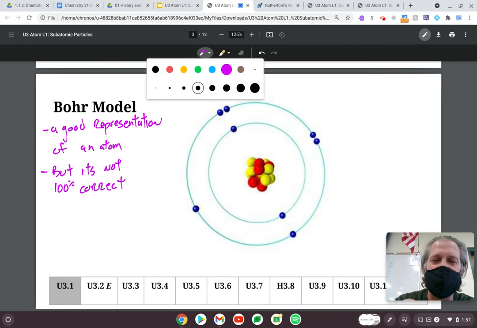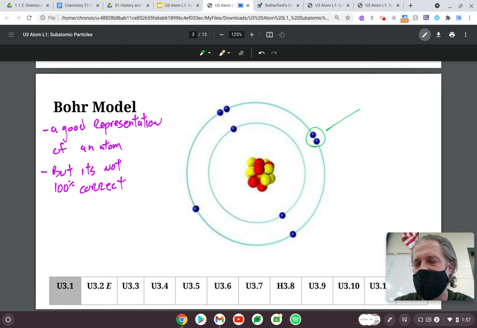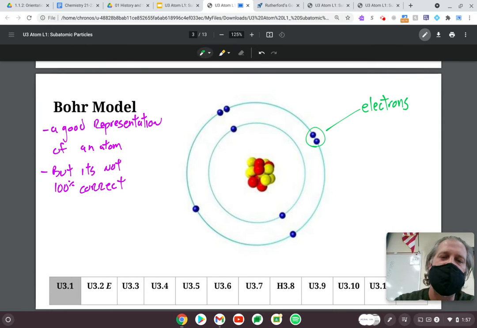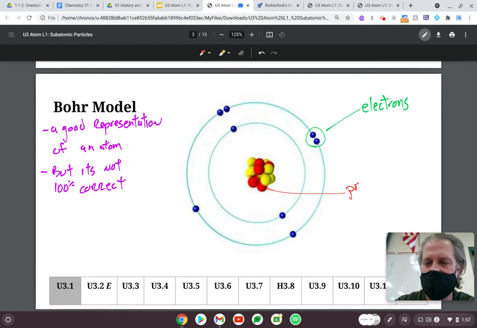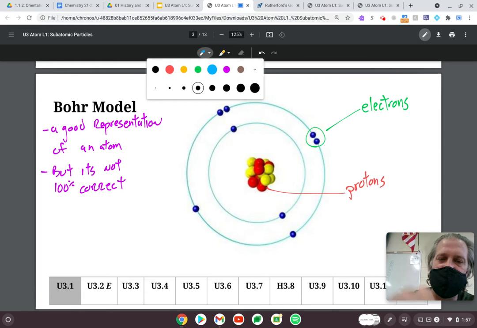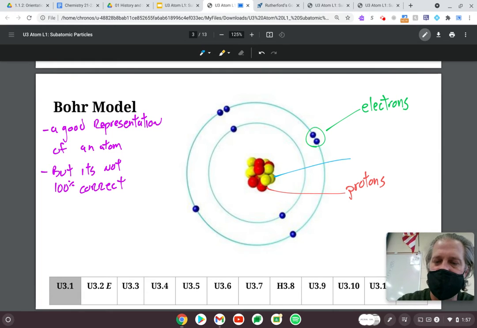There are parts of the atom that you might be familiar with. These things right here on the outside of the atom, they're called electrons. Then we have the middle of the atom, and in the middle of the atom, we have protons. And we also have, we'll call those the neutrons.